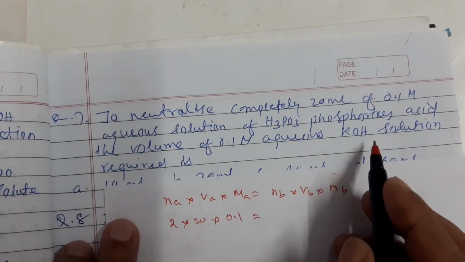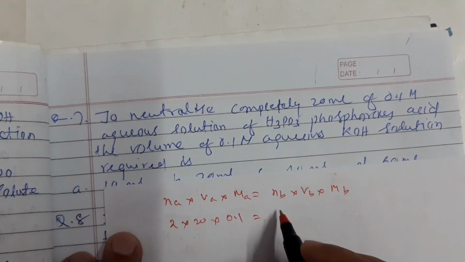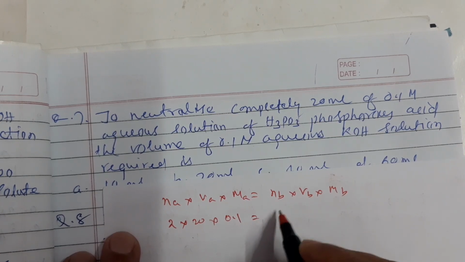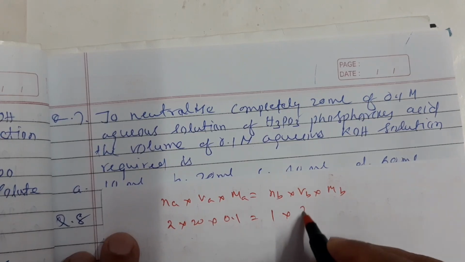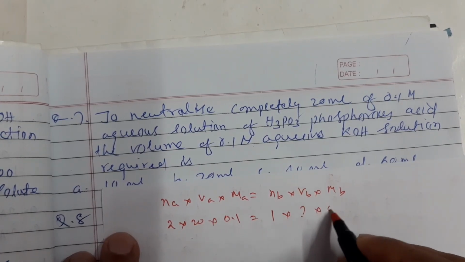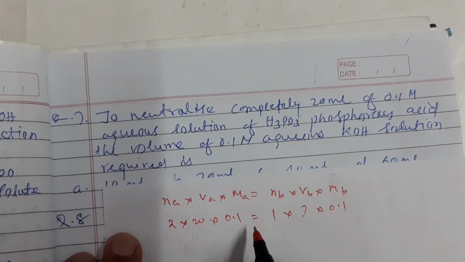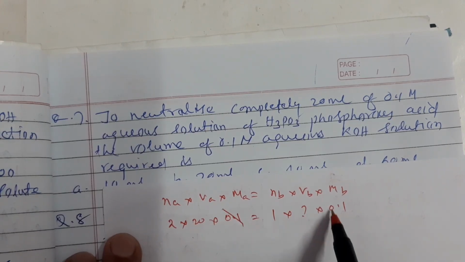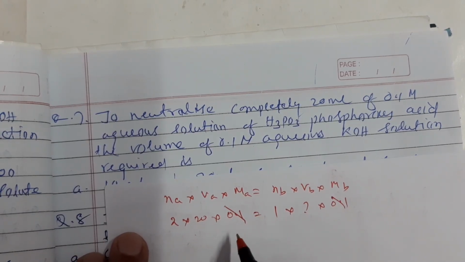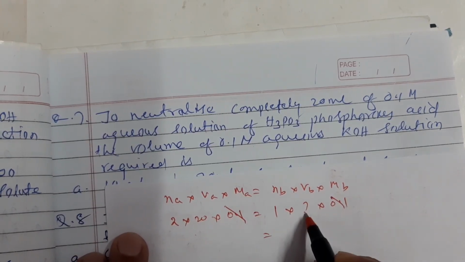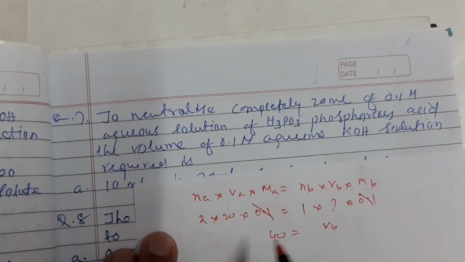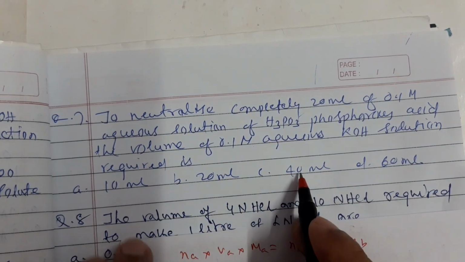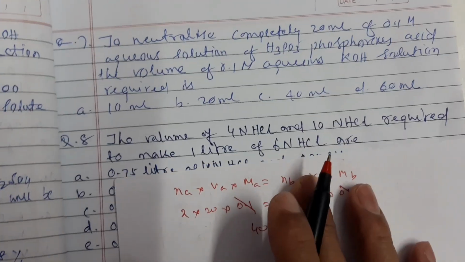For the base, potassium hydroxide, it is 1. So VB volume is required and molarity 0.1. Both sides the molarity cancelled. The volume VB is equal to 40, so 40 ml. Choice C is the correct answer.